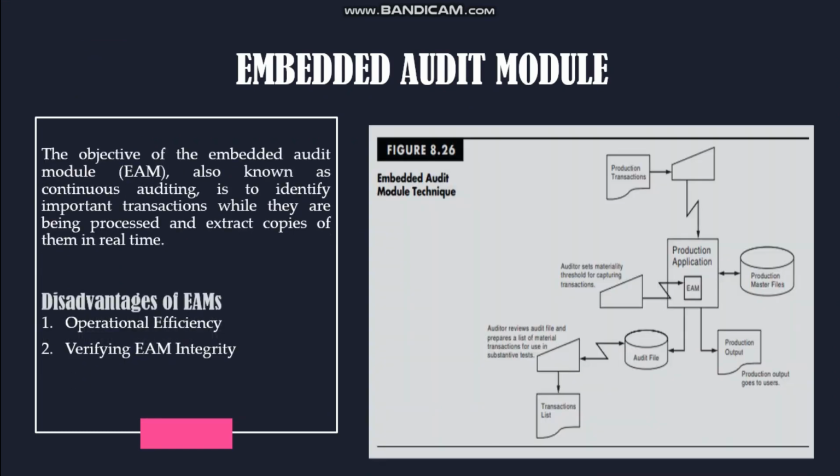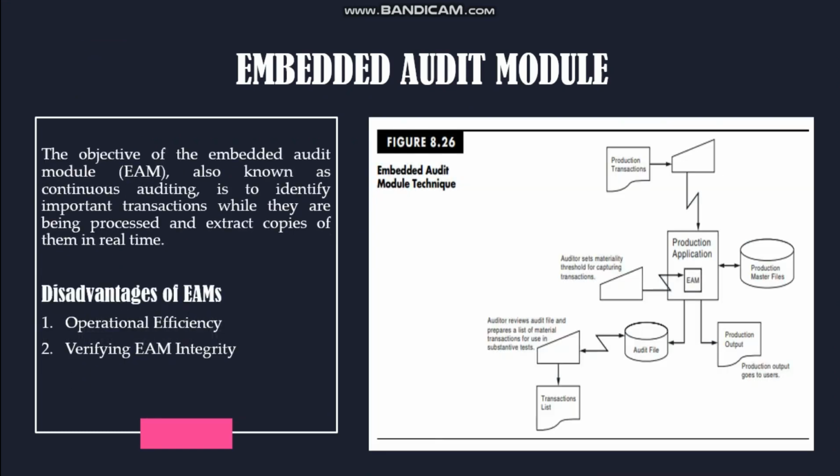Embedded Audit Module. The objective of the Embedded Audit Module, or EAM, also known as continuous auditing, is to identify important transactions while they are being processed and extract copies of them in real time. The EAM approach has two significant disadvantages.